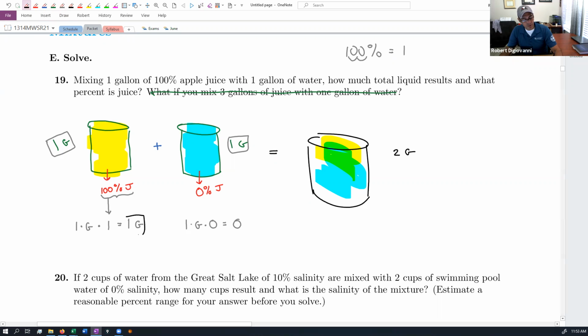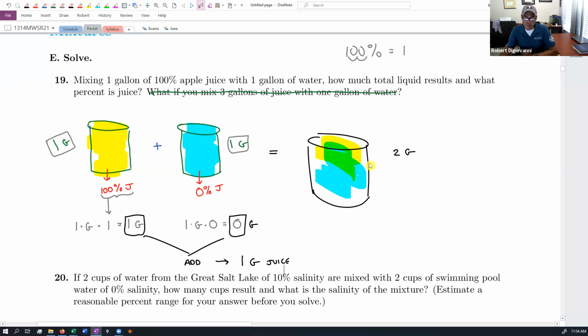We take these two answers and we add them. So what's 1 gallon plus 0 gallons? Just 1 gallon, right? So we have 1 gallon of juice. Together, we have 1 gallon of juice when we add them.